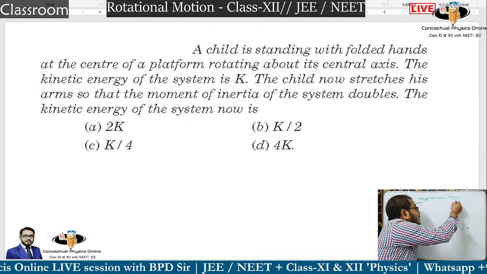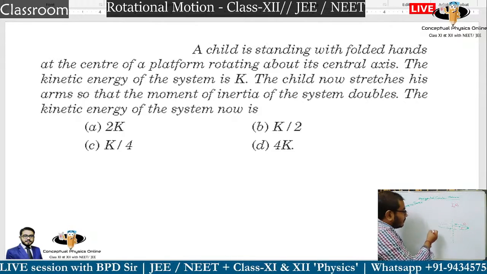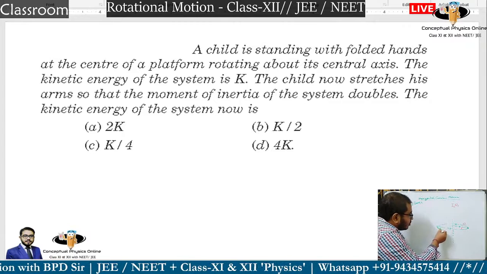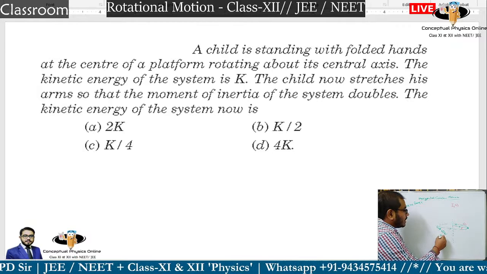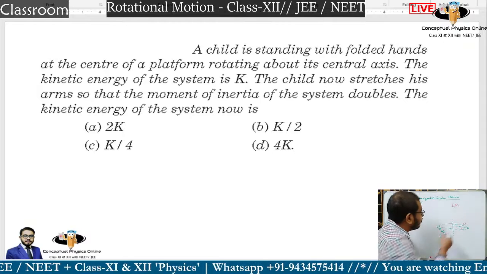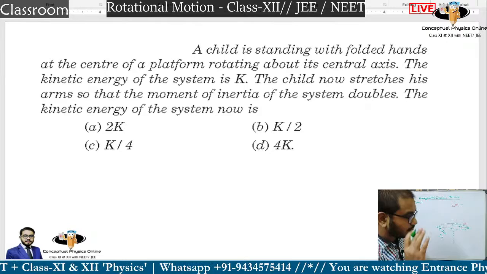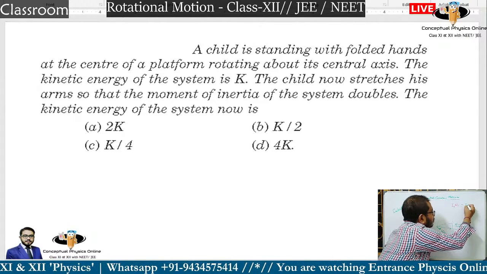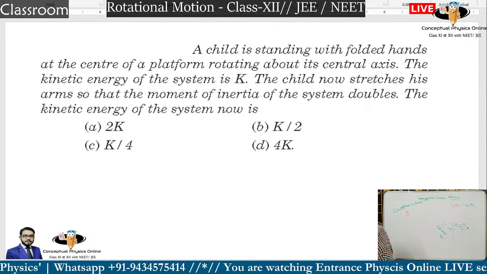The final angular velocity I am taking as omega 2, and the final moment of inertia as I2. So from the conservation law of angular momentum, we can say that I1 omega 1 is equal to I2 omega 2.